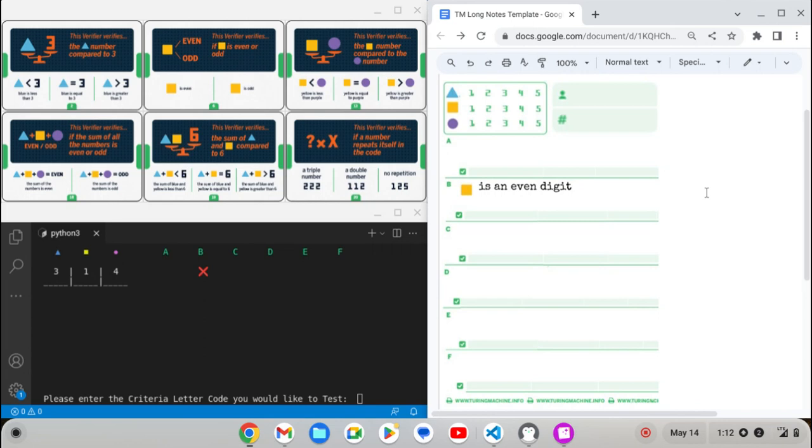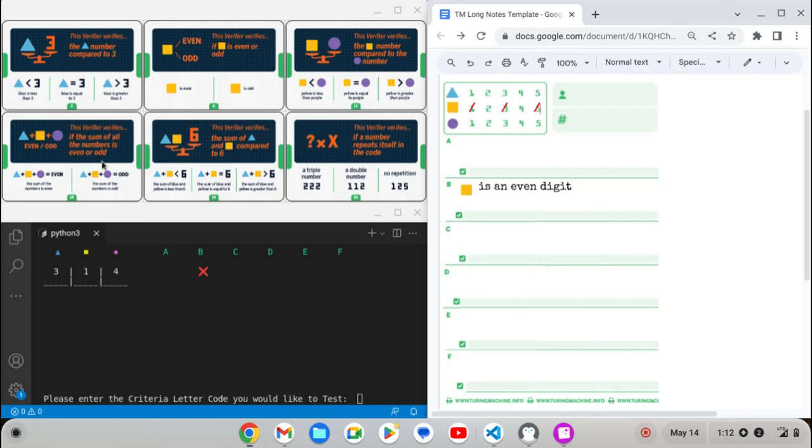Since it didn't like my 1 and it's odd, it's letting me know that the square digit should be even. So I'm going to go up here and eliminate all of the odd digits for square. Okay, fantastic.